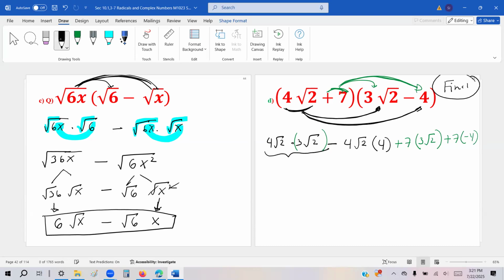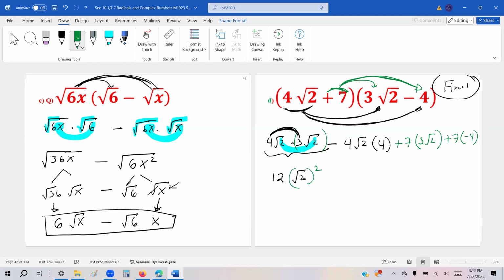In multiplication, you multiply the number outside. So you get 4 times 3, 12. And if you have the same inside, just use a square. Instead of multiplying the inside, use a square power. So it's square root of 2, we have it twice.